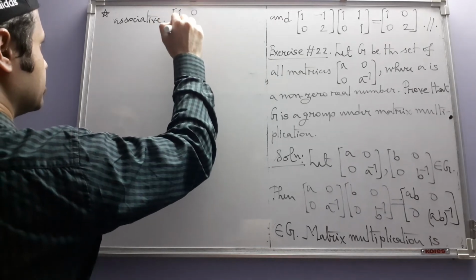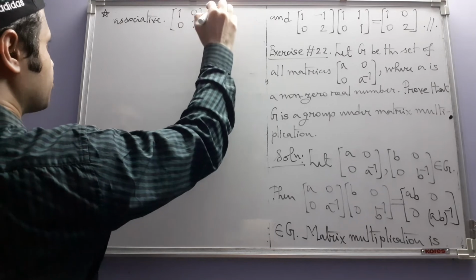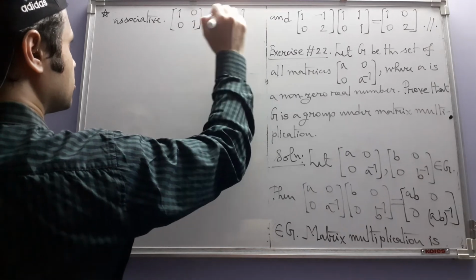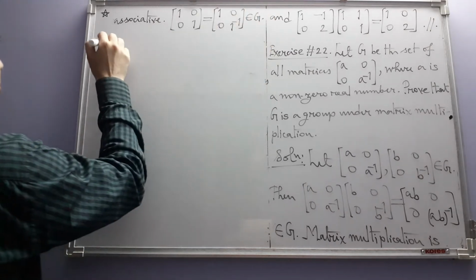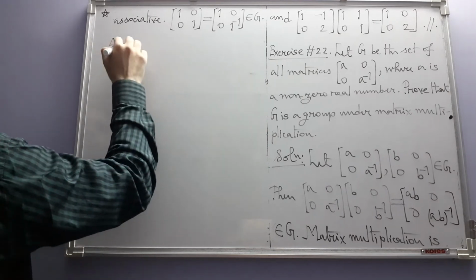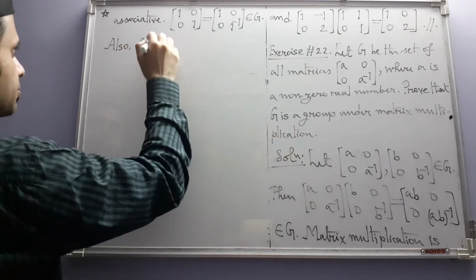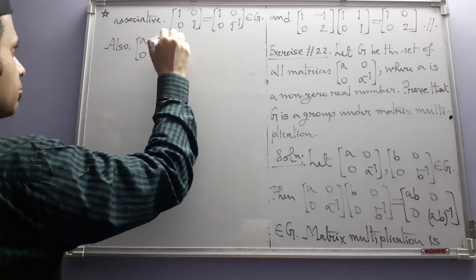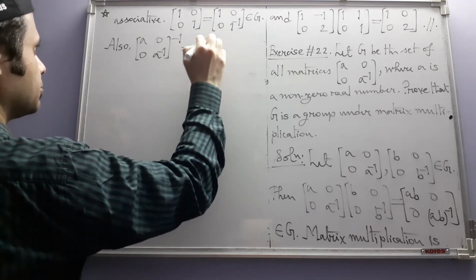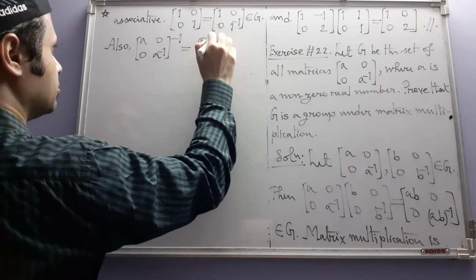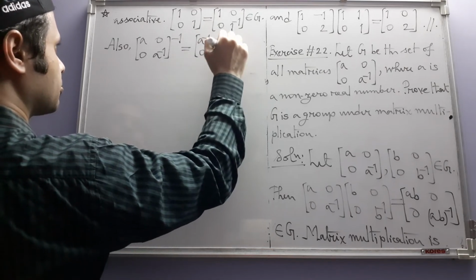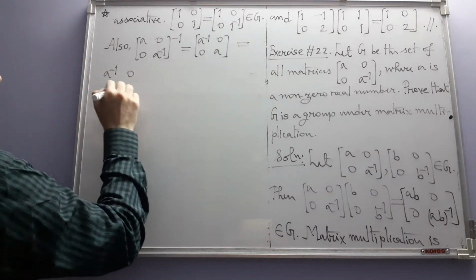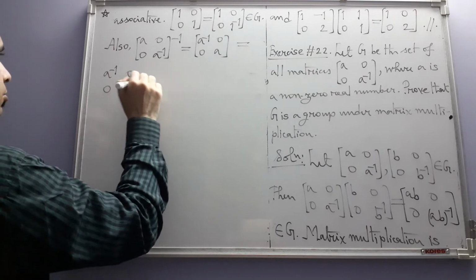The identity matrix is of this form, 1 inverse, so it belongs to G. Also, the inverse of this matrix is actually nothing but A inverse, A, which can be written like this: A inverse 0 0, A inverse whole inverse.